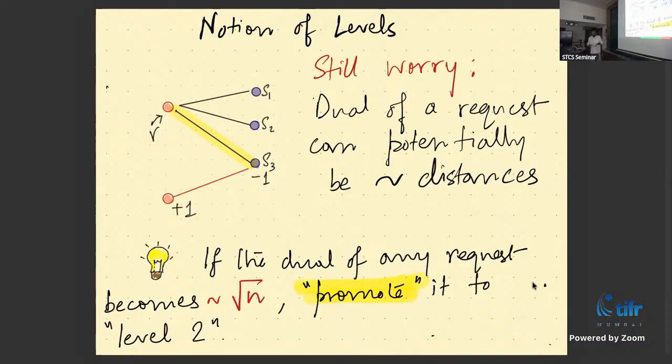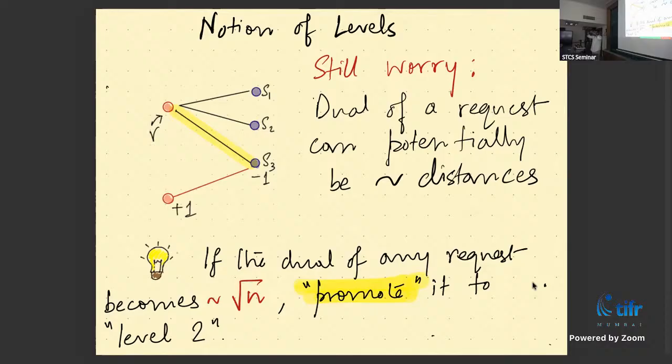The moment I find that the dual of some request becomes square root of n, okay, so I start at 0, I'm incrementing everything by at least +1 because the edge weights are integers, the moment it hits square root of n, I will not try to match this request using this push level framework anymore. Okay, so I handle it differently.